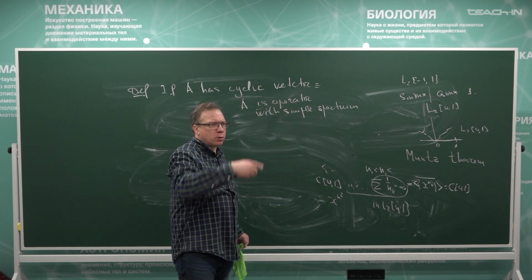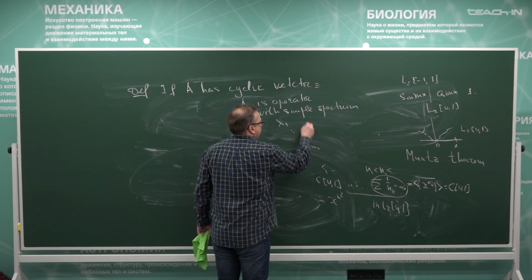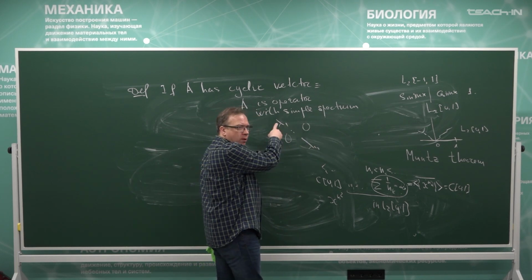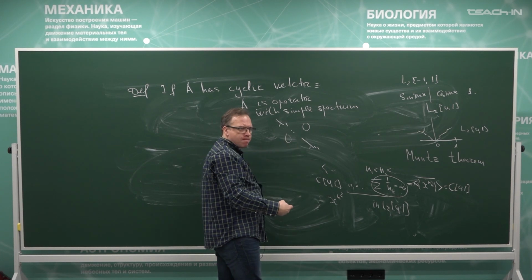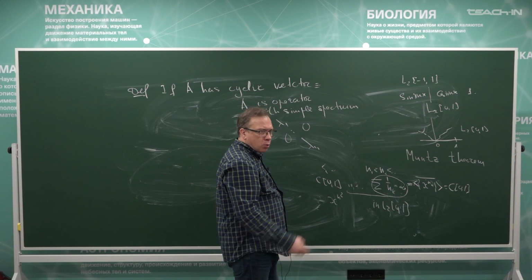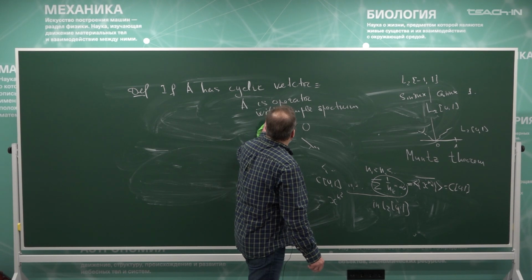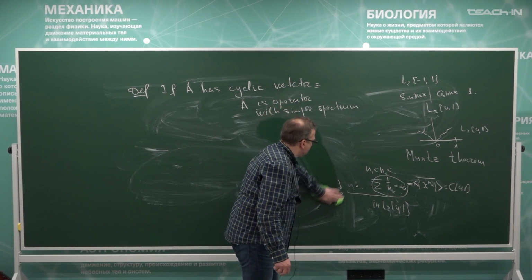For example, a diagonal operator has a cyclic vector only if the lambda j are different, the diagonal elements are different. So it's simple spectrum without multiplicity. So these are equivalent notions.